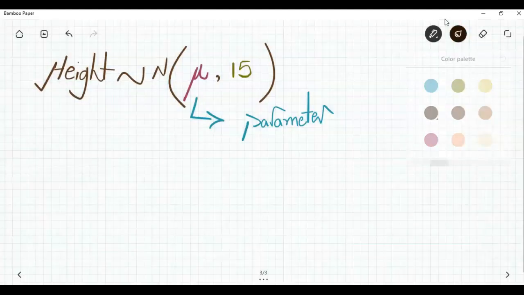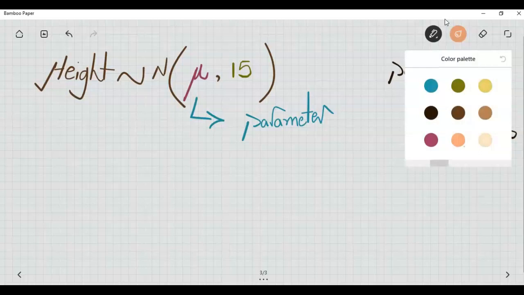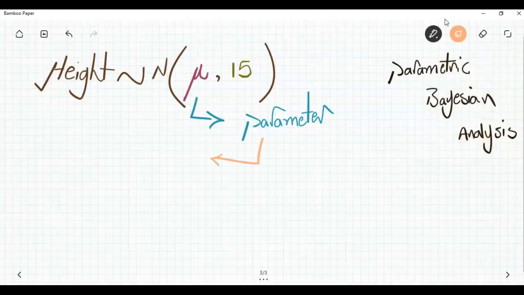That's why we call this a parametric Bayesian analysis, because instead of explicitly defining the value of the average height, we just introduce a parameter. However, things are going to get more interesting.